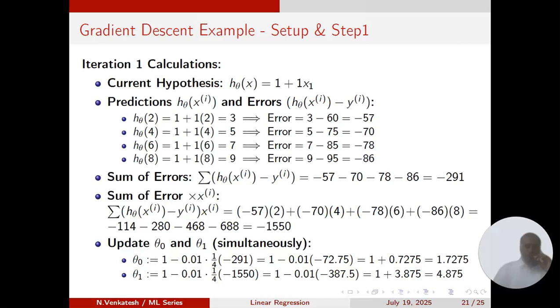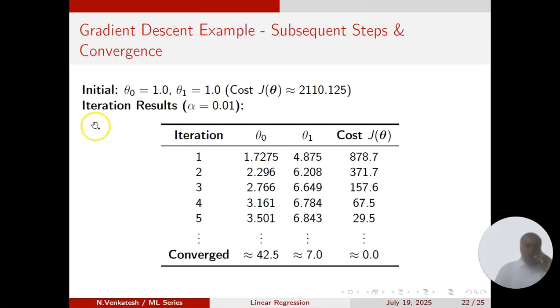For the initial values, if you take the cost function, it is 2110 point something, and after the first iteration you get these theta naught, theta 1 values, and the cost function is reduced.